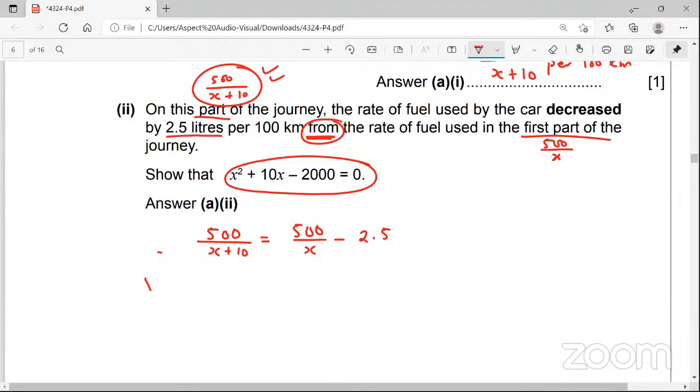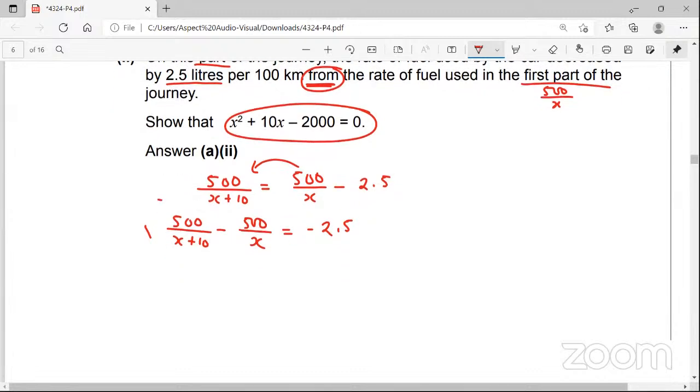The other one does not have x. You guys understand? Okay, so when I bring this 500 over x to this side, I will then have 500 over x plus 10 minus 500 over x is equal to negative 2.5. You guys have any questions so far?